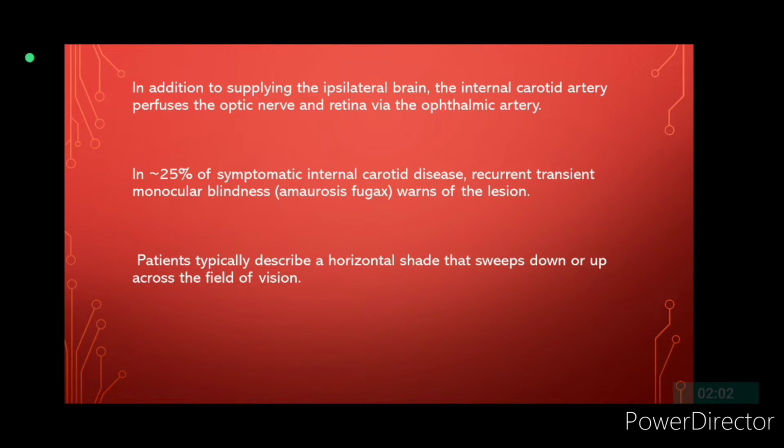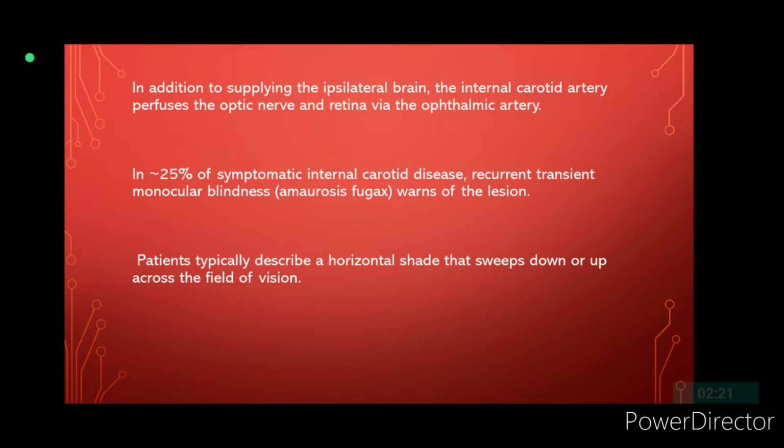In addition to supplying the ipsilateral brain, the internal carotid artery, ICA, perfuses the optic nerve and retina via the ophthalmic artery.